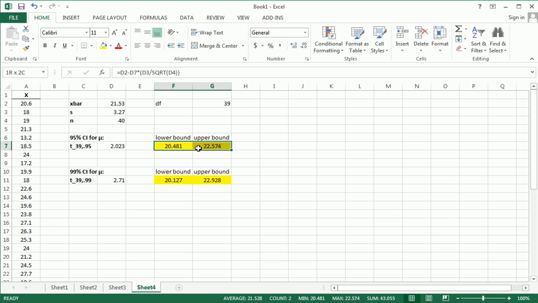Now let's look at the numbers. So this confidence interval is from 20.481 to 22.574. Now, in order to be 99% confident, that means I want to be more confident that I'm capturing mu, and nothing else changed. I end up making an interval that is slightly but noticeably wider.